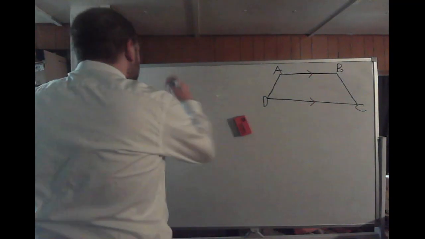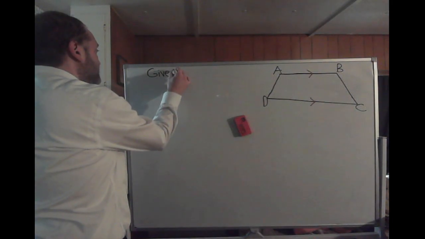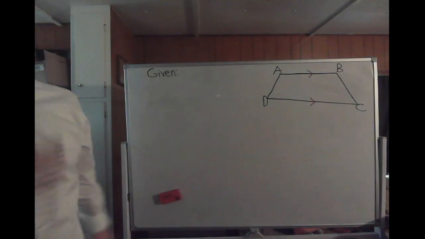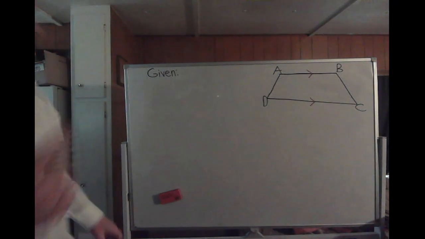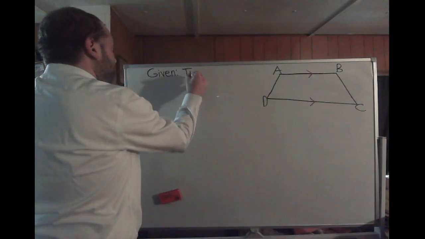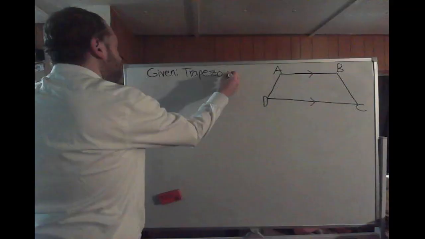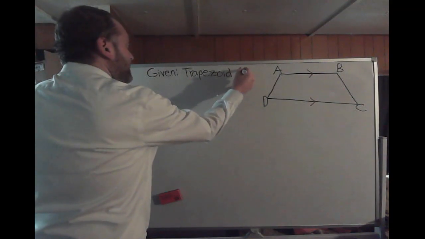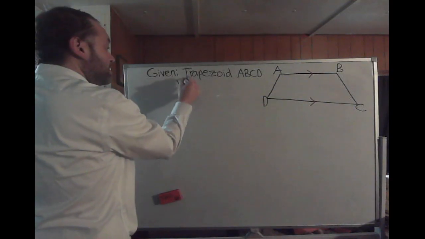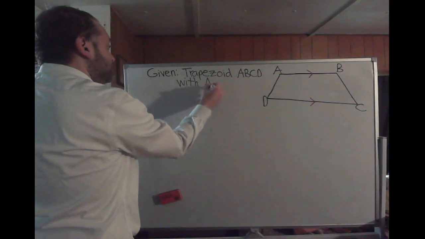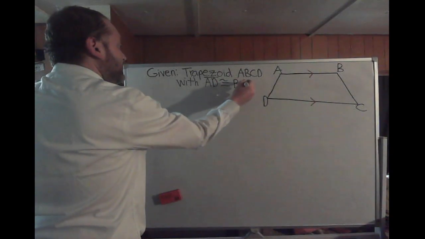Okay, so here's what we've been given in this particular case. We are just given trapezoid A, B, C, D with AD congruent to BC.